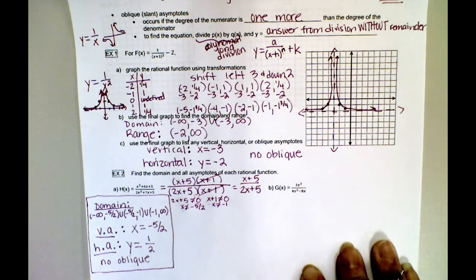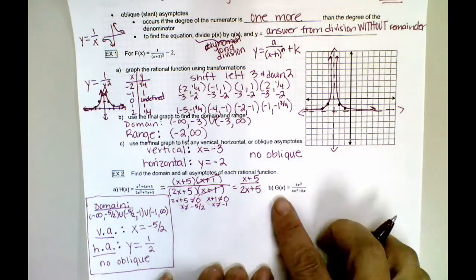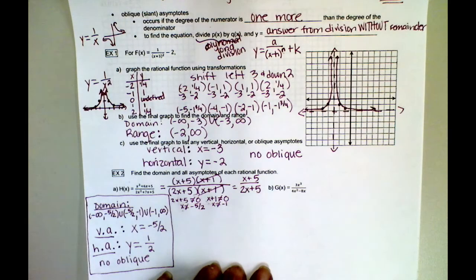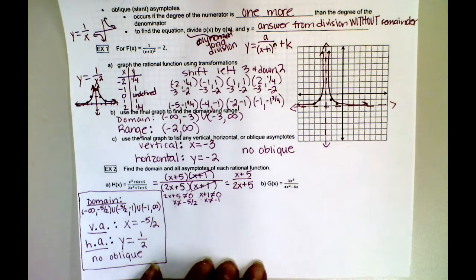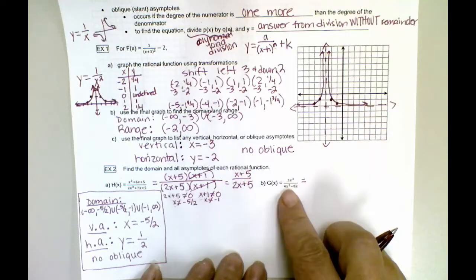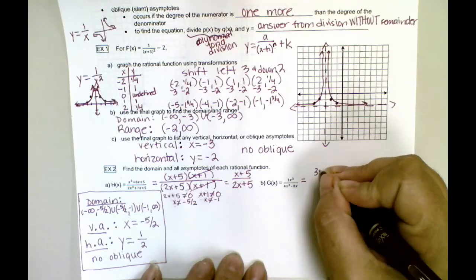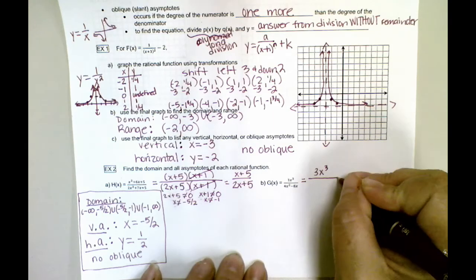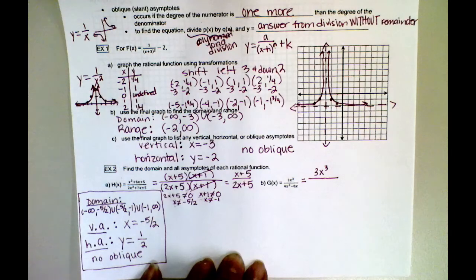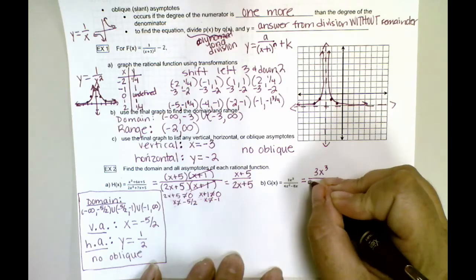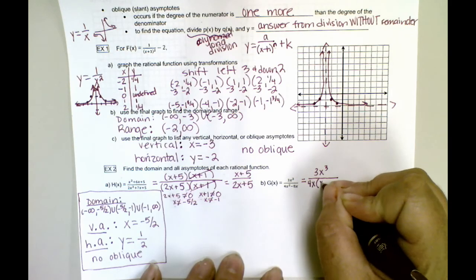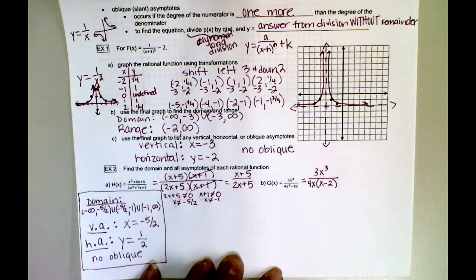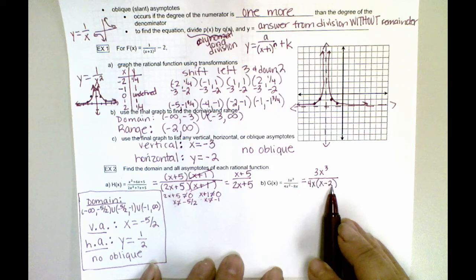All right, next and last, g of x equals 3x cubed over 4x squared minus 8x. So again, I am going to start out by factoring. My numerator is already a monomial, so everything's already separated by multiplication. I can leave it as is. My denominator, however, is a binomial with a GCF, so I can factor it: 4x times x minus 2. So I do not have an x minus 2 factor to cancel with.